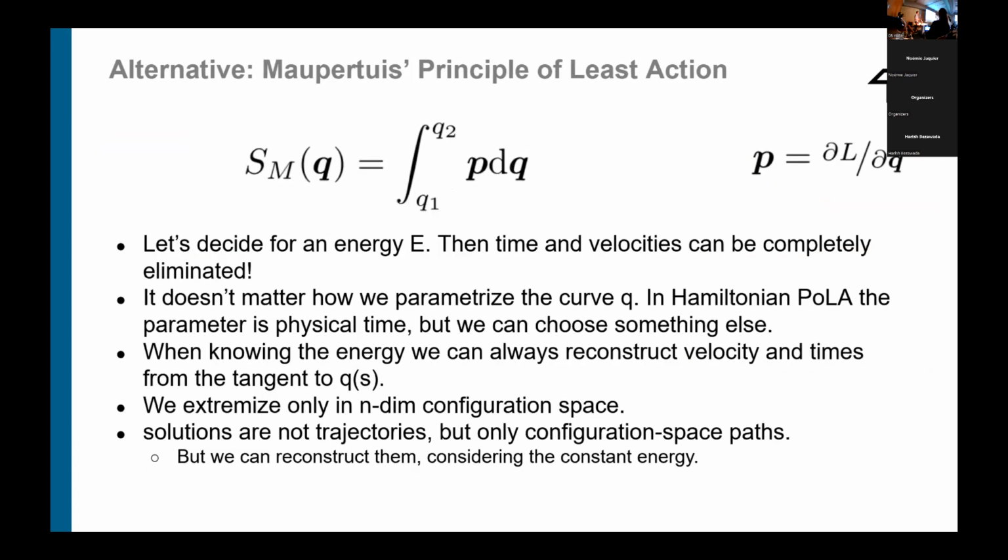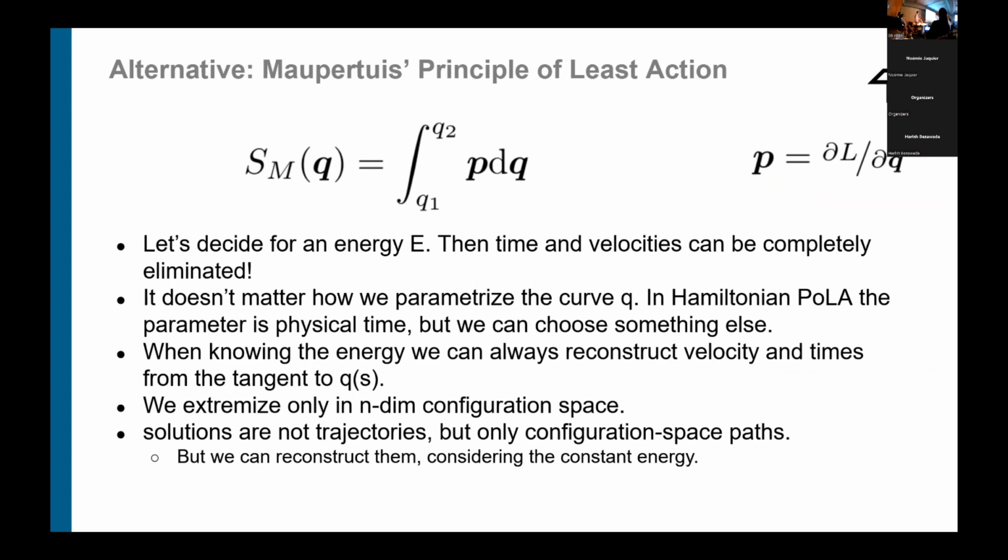In this formulation, we only need to integrate over space. And in this equation, p is the momentum, which is dL by dq dot, and dq is now the integrand.